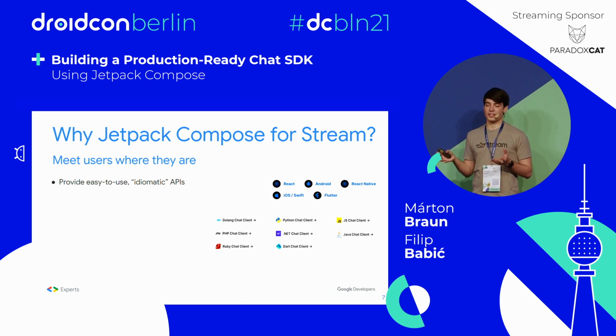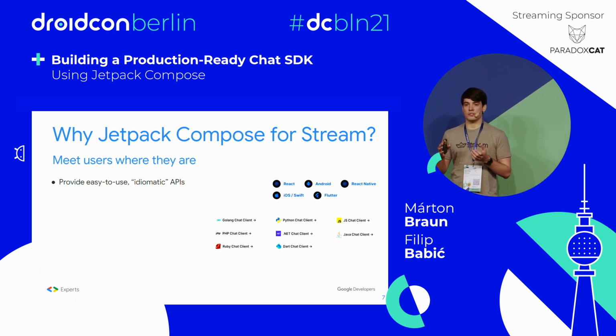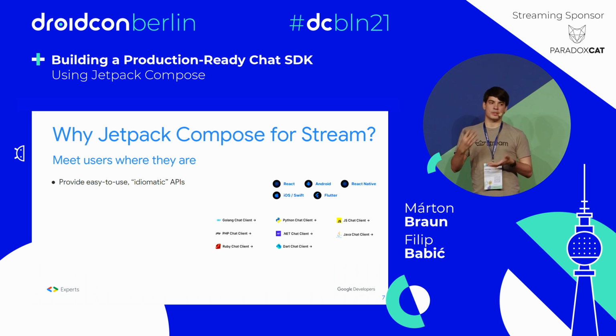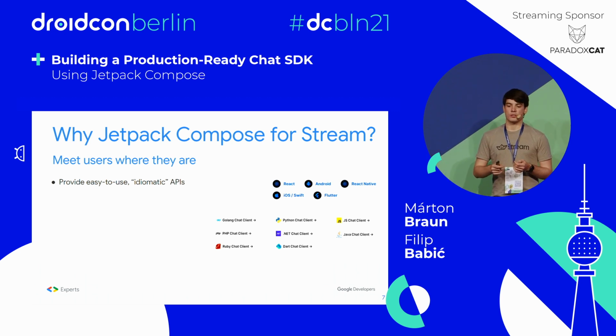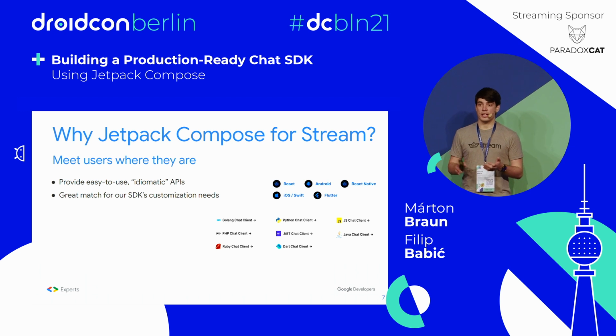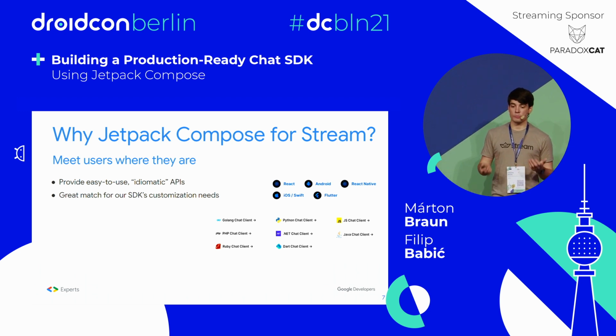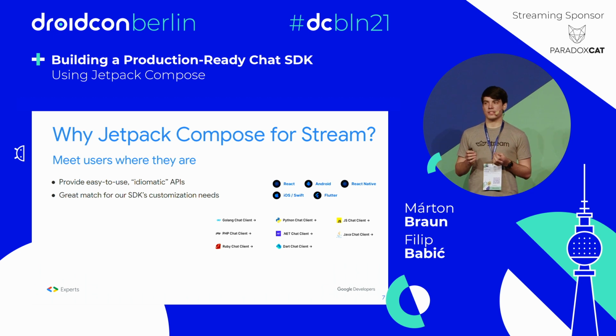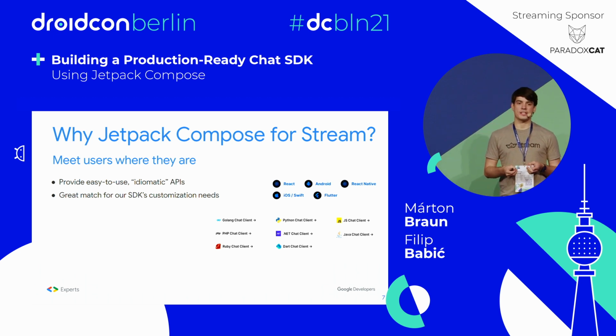So you could technically use our existing Android SDK that has views in it in your Compose applications, but you would have to use Compose's interop features, and it's a bit difficult to do so. So instead, we're creating a Jetpack Compose SDK from the ground up that will have idiomatic APIs for Compose users. And it also turns out that Compose is a really, really good match for the needs of our SDK.